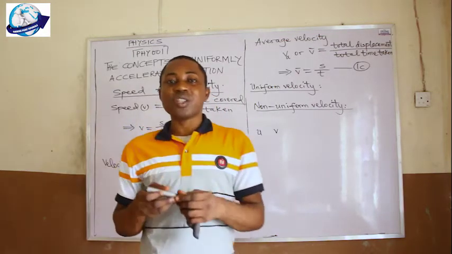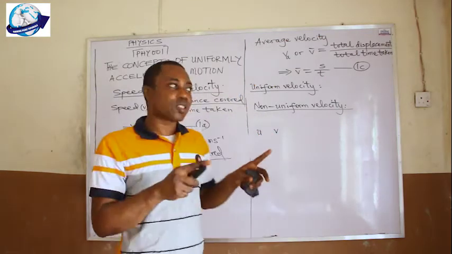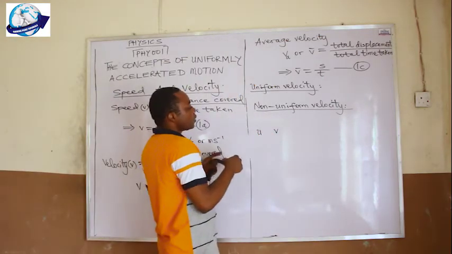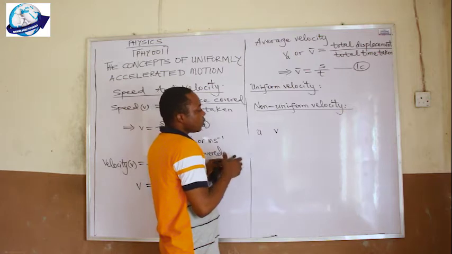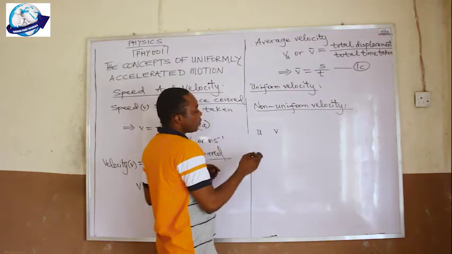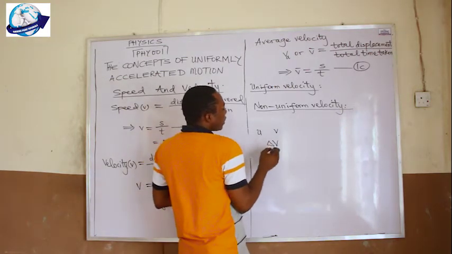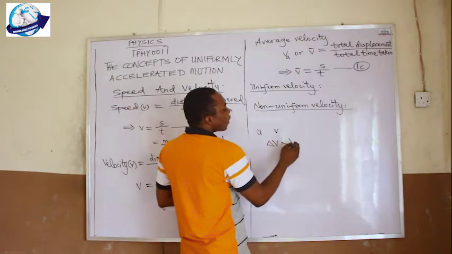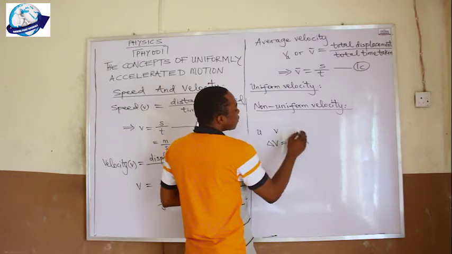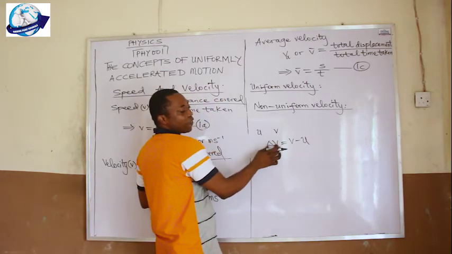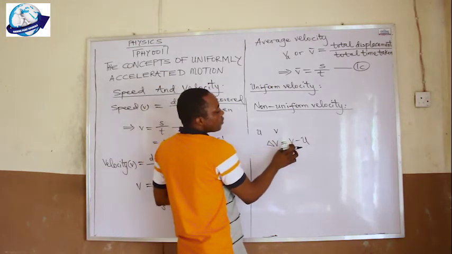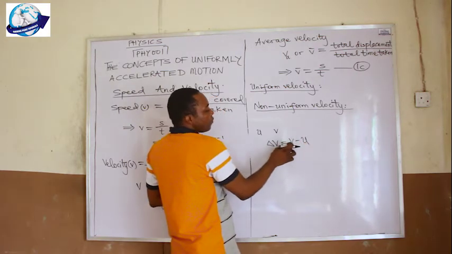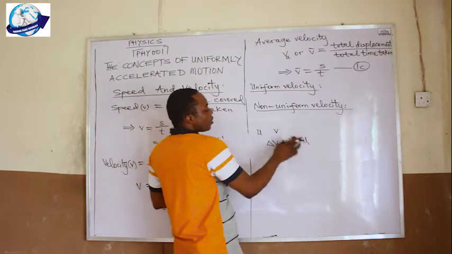The change in velocity will be given as delta v, where delta means change, which is equal to the final velocity minus the initial velocity. So anywhere you see delta v, it means v for final and u for initial velocity: v minus u.